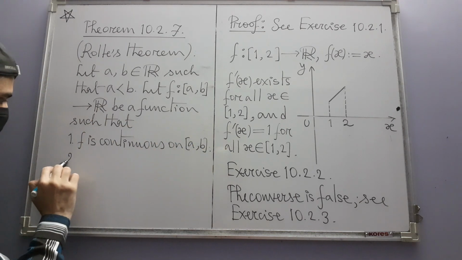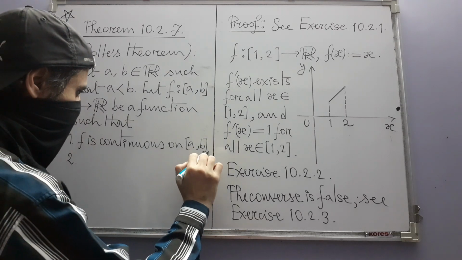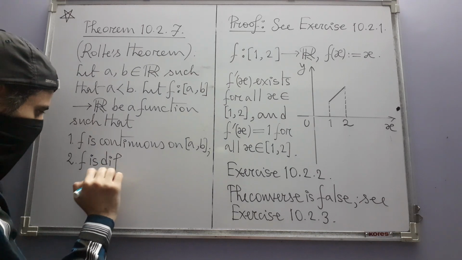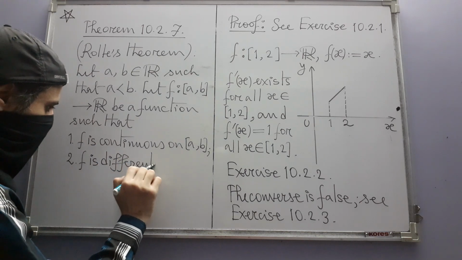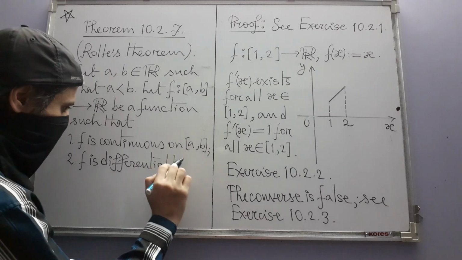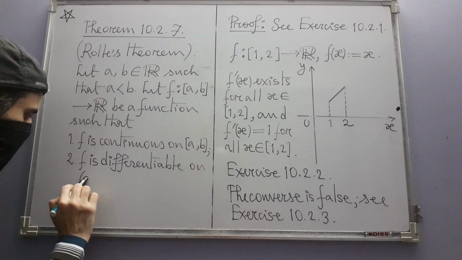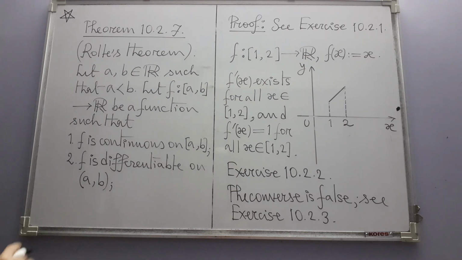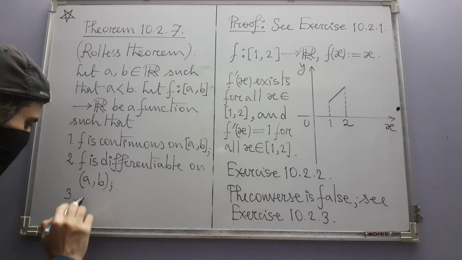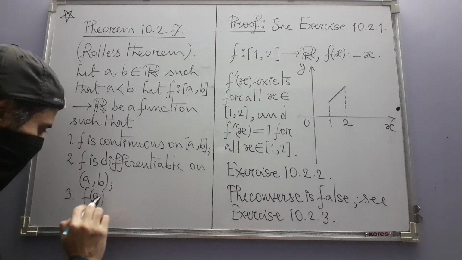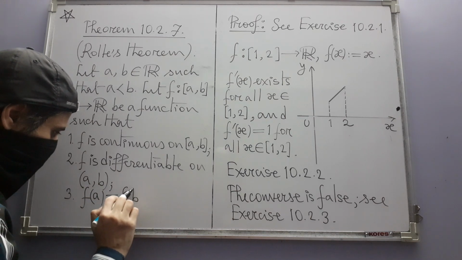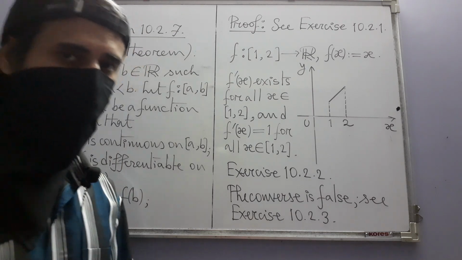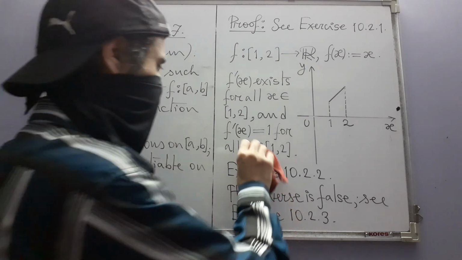Number two, F is differentiable on the interior of the domain, that means the open interval. And there is a third condition also. F of A is equal to F of B. At the boundary points of its domain, F has the same value.